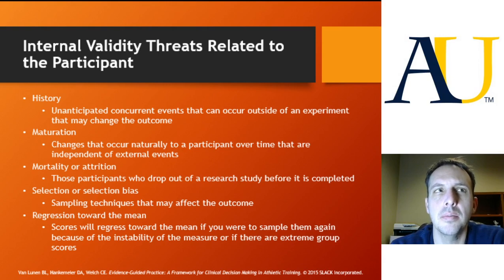By history, what we're talking about is the fact that there is often a gap in between testing while interventions occur. If you're doing a longitudinal study over the course of, say, 6 weeks, or we're doing follow-up testing, things are going to be occurring during that time.